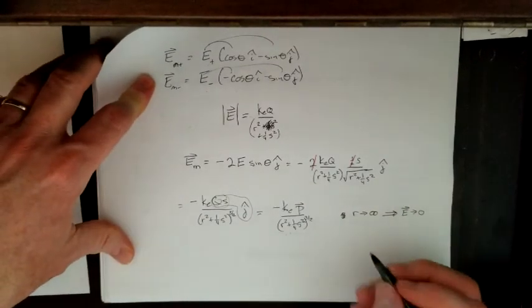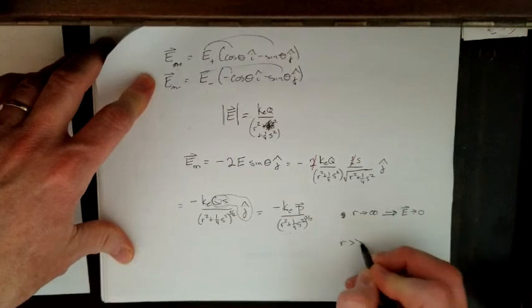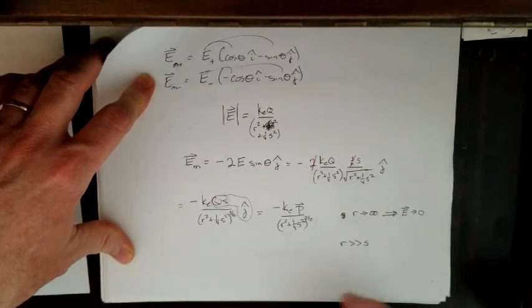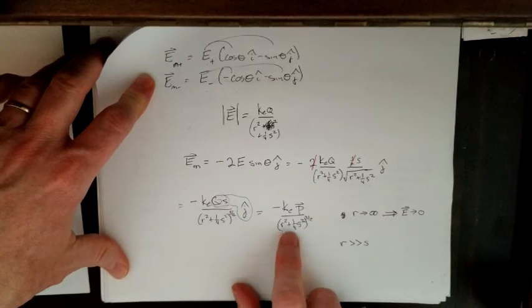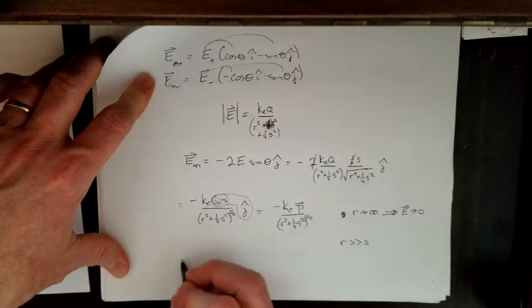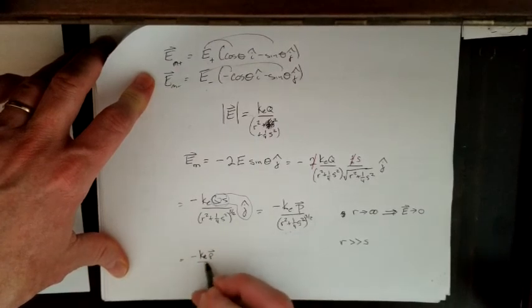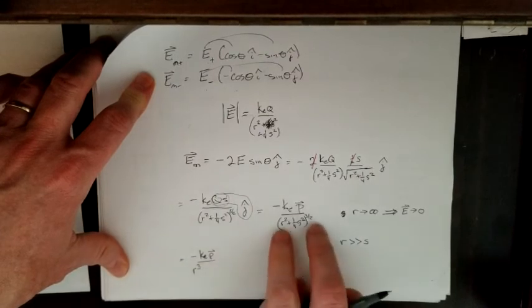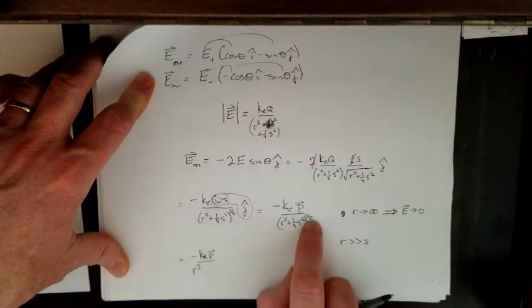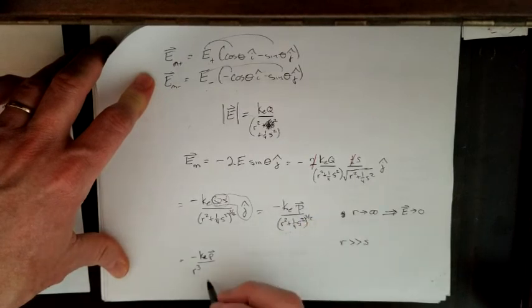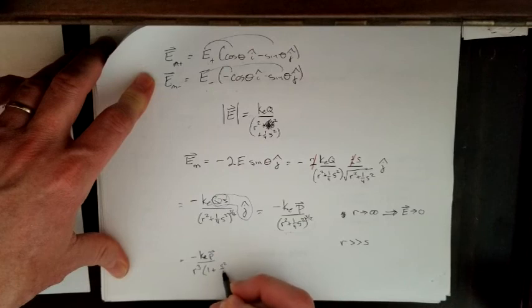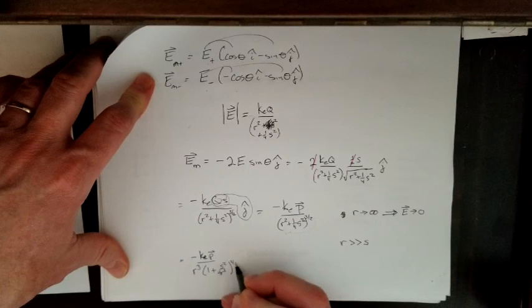If r is just big, but not infinitely large, but if r is much greater than the distance between them, well, let's work through that. So what I want to do is factor r out. So I get negative k sub e p vector, and I factor that out, so I get r cubed, because I factor out the r squared, and that r squared is raised to the 3/2, times 1 plus s squared over 4r squared to the 3/2.